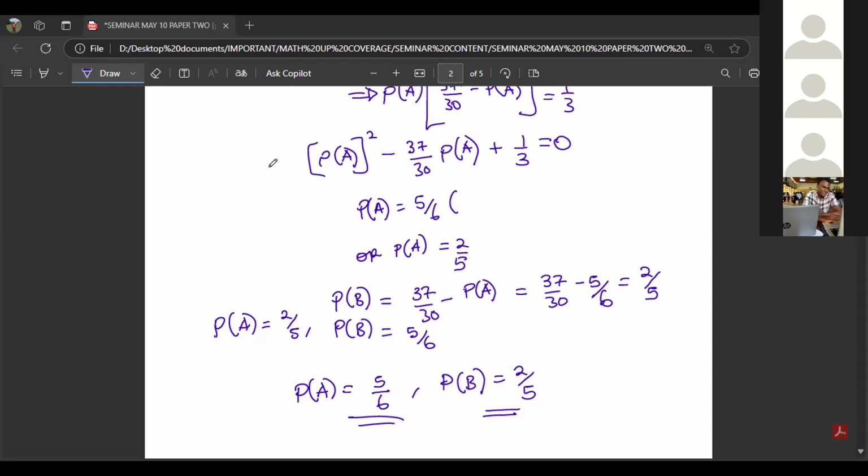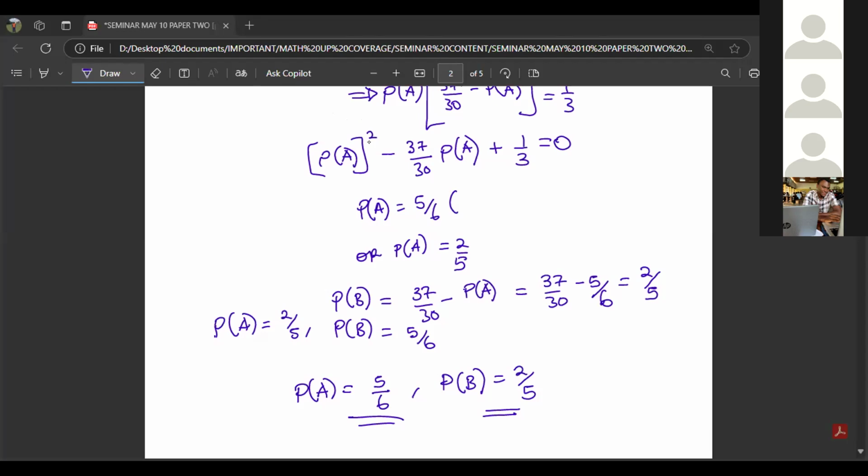Then why did you add 1 out of 3 and then get 0? Because I thought it would be 1 out of 3 minus 1 out of 3. So this minus 1 out of 3 equals 0.